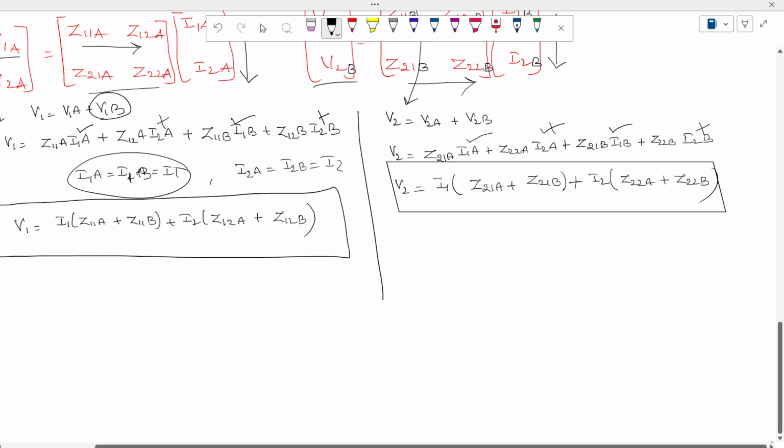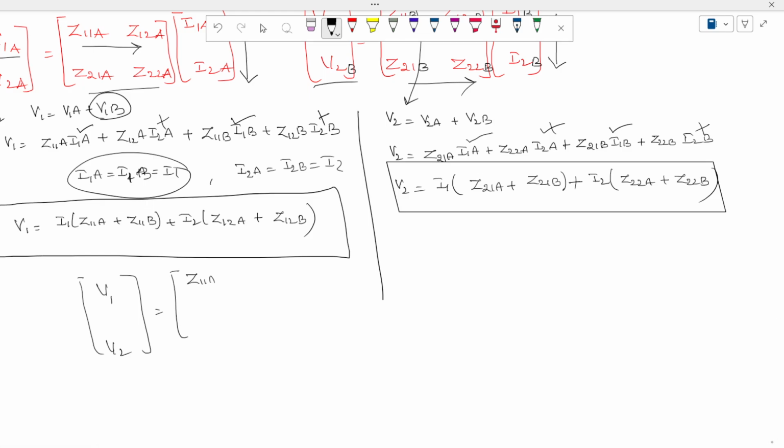Let's write it in matrix form. This is V1, V2 is equal to Z11A plus Z11B, Z12A plus Z12B, Z21A plus Z21B, Z22A plus Z22B multiplied with the currents I1 and I2.